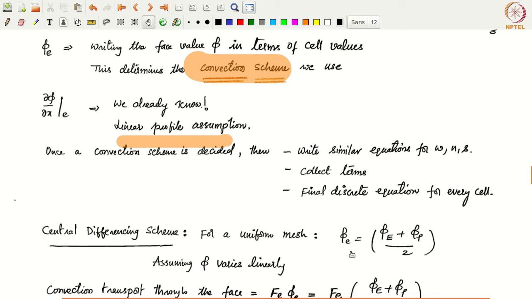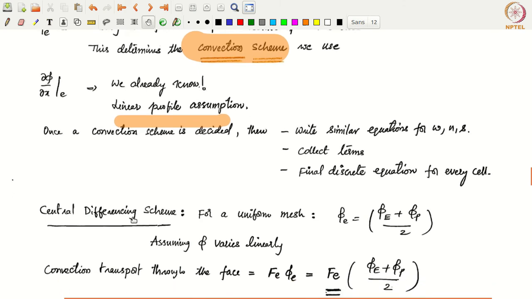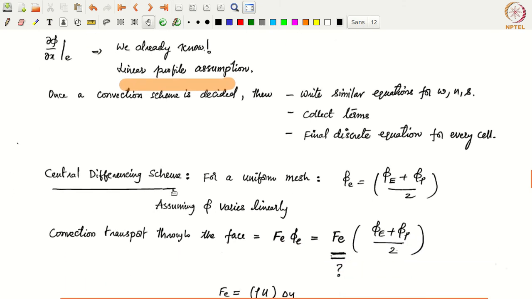We want to do this because our eventual equation is in terms of the cell centroid values for phi p, phi east, phi north, and so on. Only then can this go into the matrix. So this particular scheme of taking a linear average is known as the central differencing scheme if you have a uniform mesh.